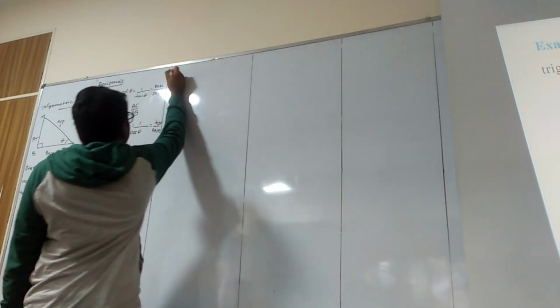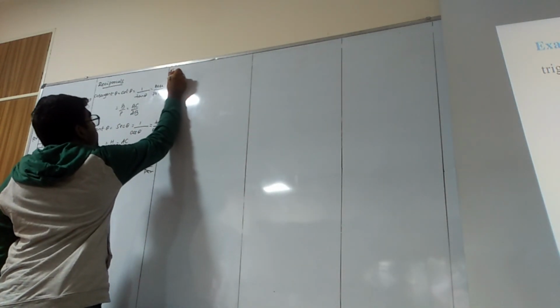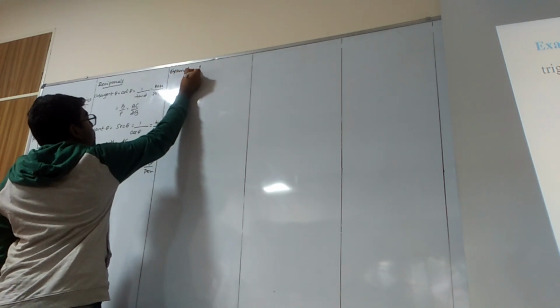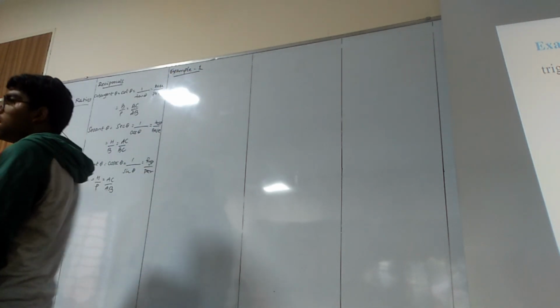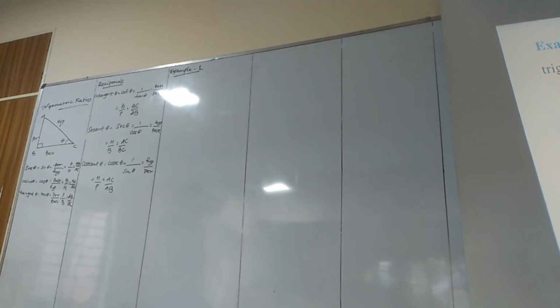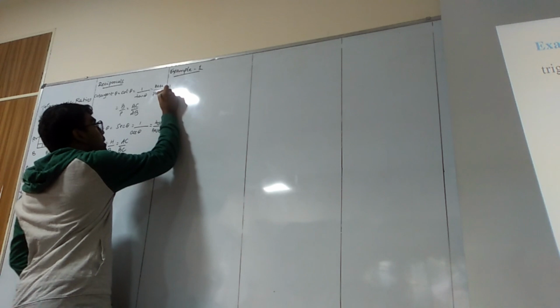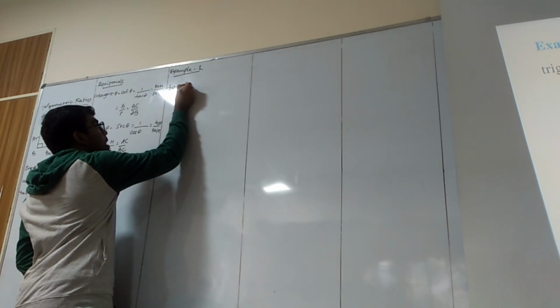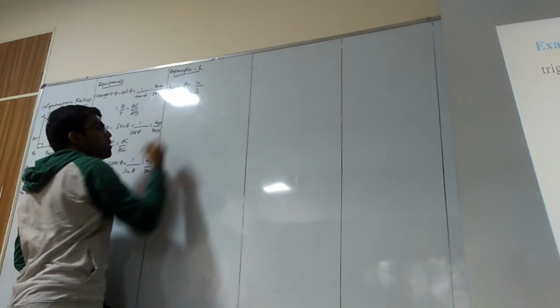Example 1. Write the question. Observe. I'll give you time for writing the question, don't worry. Okay, they have given tan A, that means tan A is equal to 4 by 3.